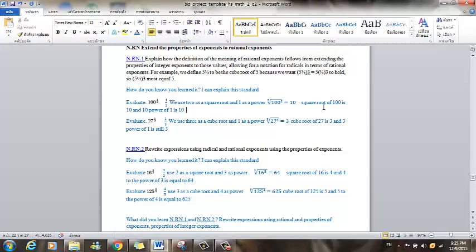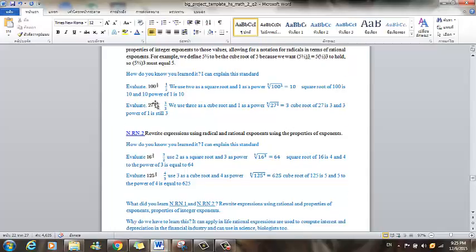So the square root of 100 is 10, and 10 to the power of 1 is 10. This one is 27 to the 1/3, so for 1/3 we use 3 as a cube root and 1 as a power, and it's equal to 3, because the cube root of 27 is 3, and 3 to the power of 1 is still 3.